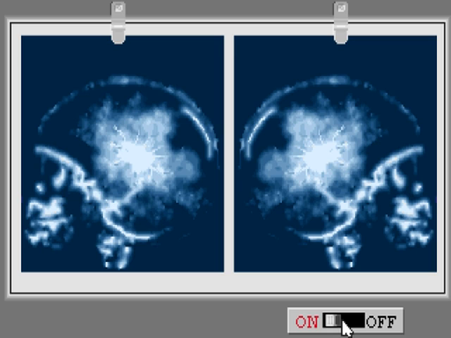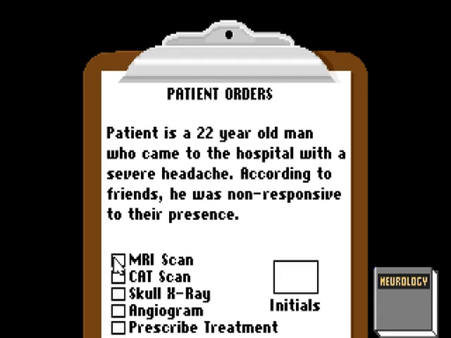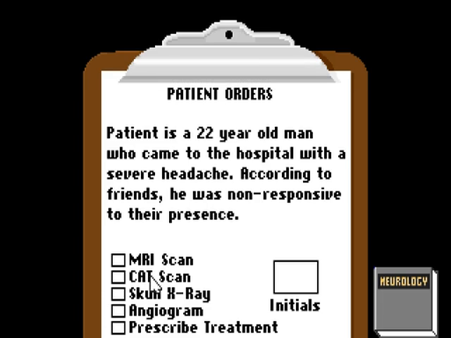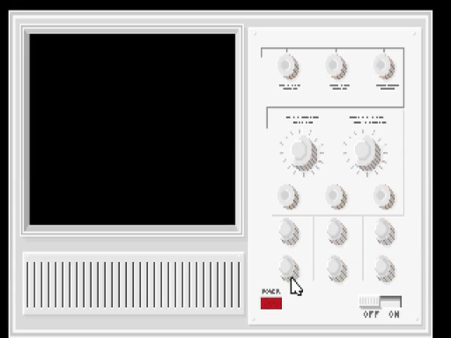Let's take an X-ray. Looks okay to me. And the old MRI scan looks okay to me. I hope these machines work because they were very expensive.